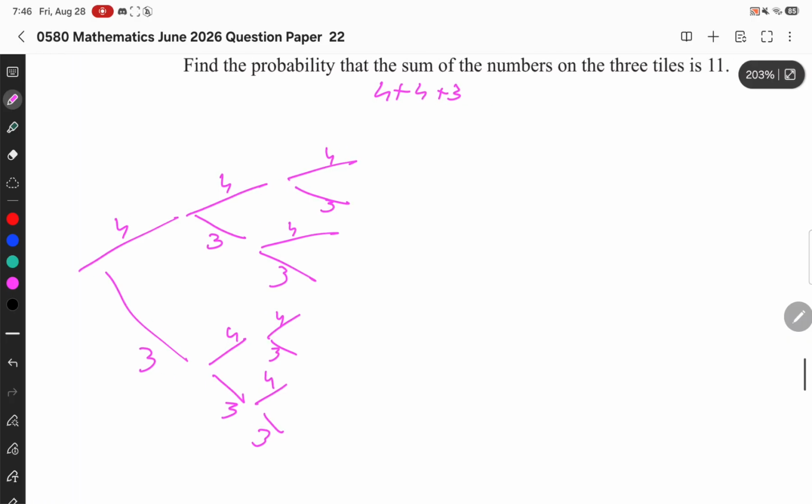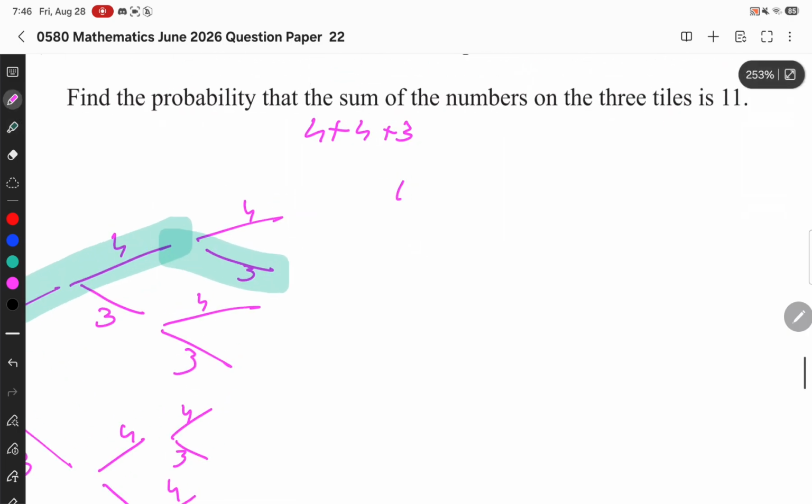So these are the parts. 4, 4, 3. So this is 5 over 10 times 4 over 9 times 2 over 8.